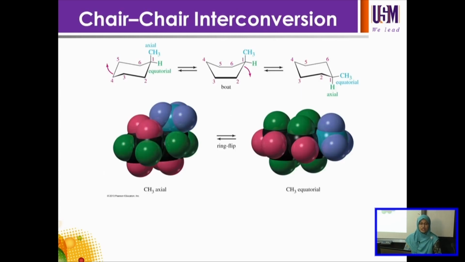So this is the chair-to-chair interconversion of methylcyclohexane, also called a ring flip. From one conformation, the chair conformation can interconvert through a boat conformation, and finally again to a chair conformation. This is conformation 1 and this is conformation 2.